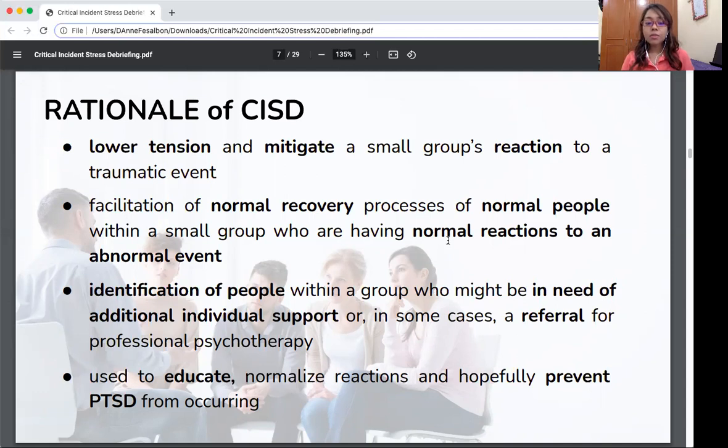And then it's also used to educate, normalize reactions, and hopefully prevent PTSD from occurring. So again, a lot of people, whether those who have illnesses or not, can go through critical incidents. So this is really to help prevent PTSD from occurring.